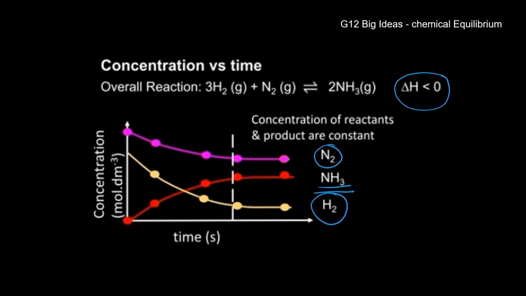And when that is reached, when the rate of the forward reaction is the same as the rate of the reverse reaction, the lines are parallel to the x-axis. So all those lines are straight, horizontal lines, and that is when we know that equilibrium has been reached.